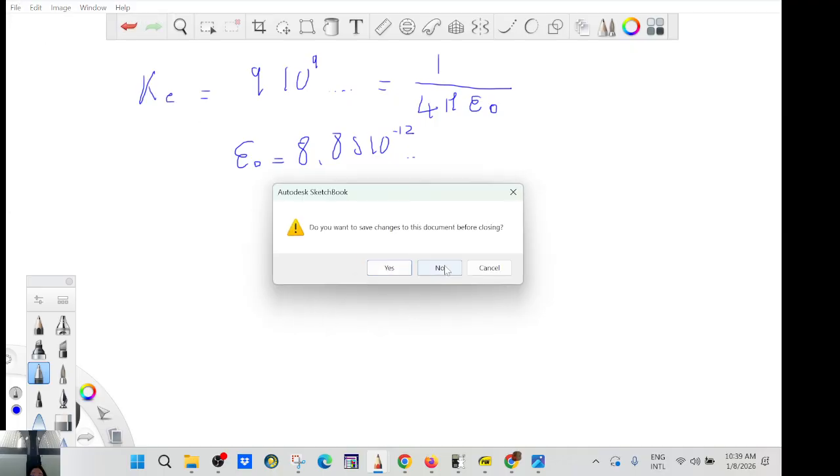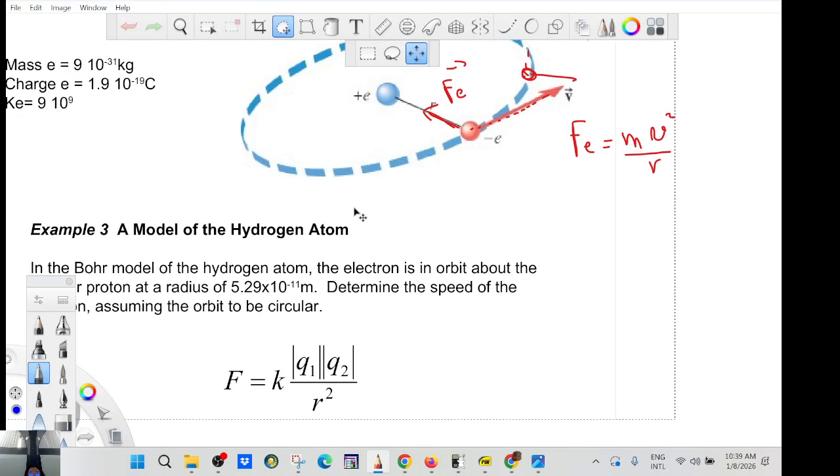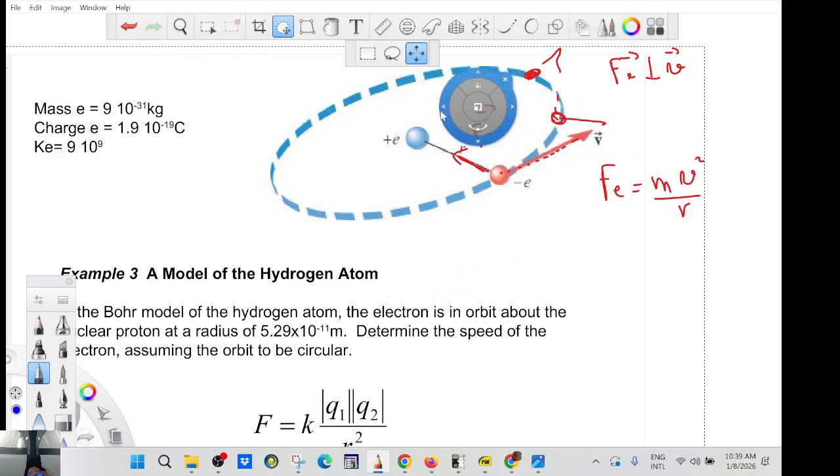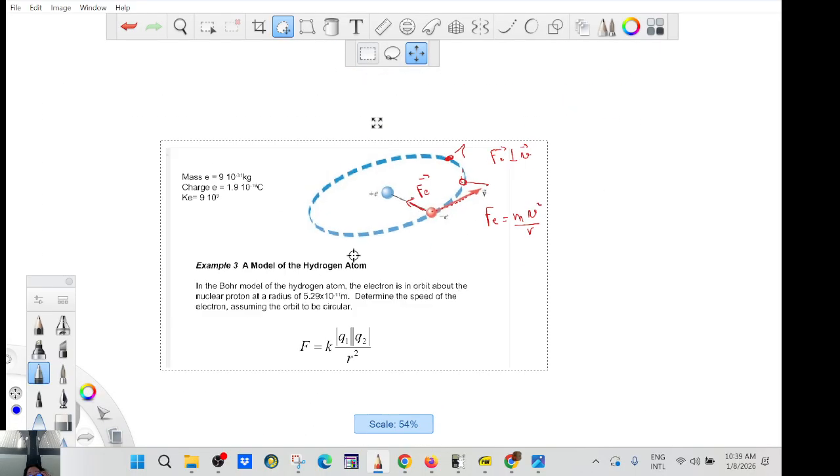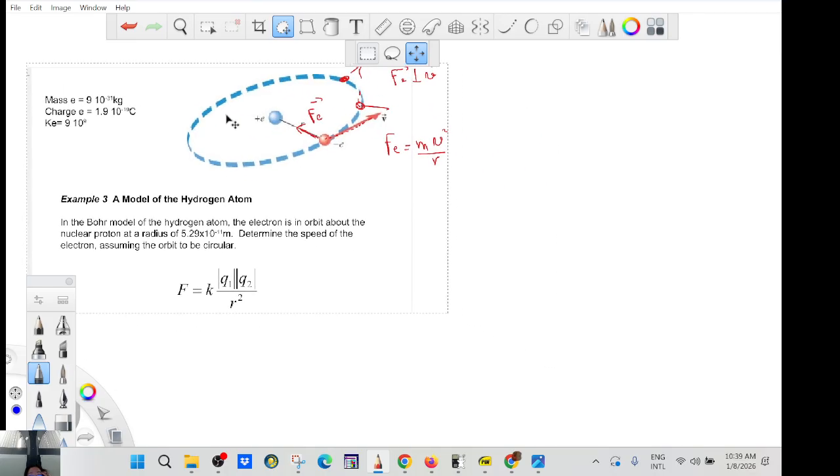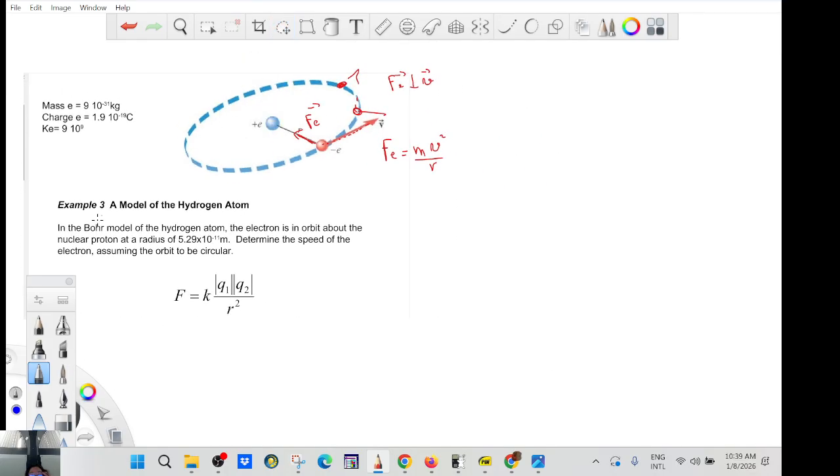Don't stare. Do it. You can talk to each other, right? When we are doing problems, you can talk to each other. You just plug it in. Okay, so the electric force is the constant, always put parentheses, and then Q1 will be the proton.